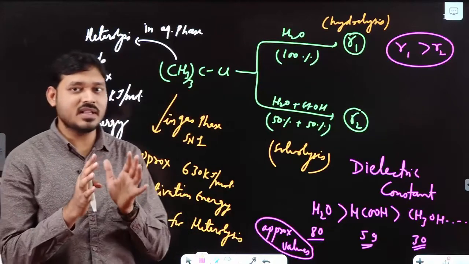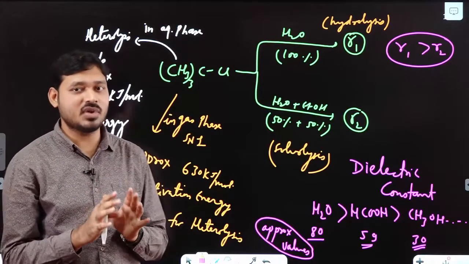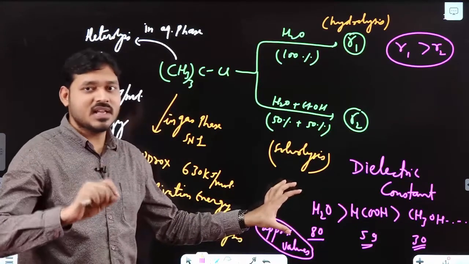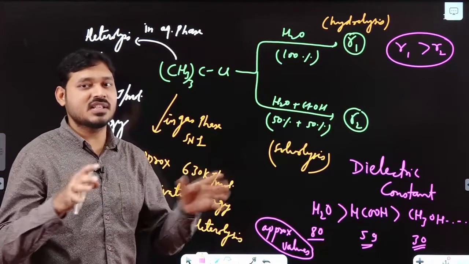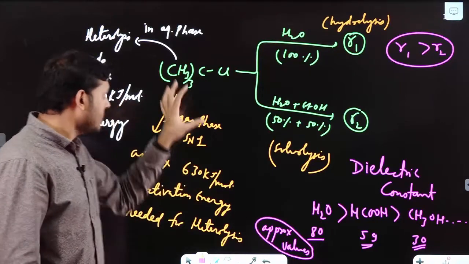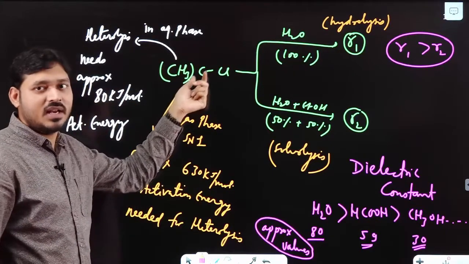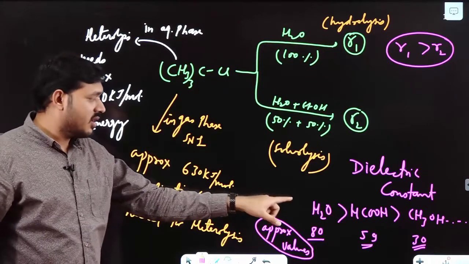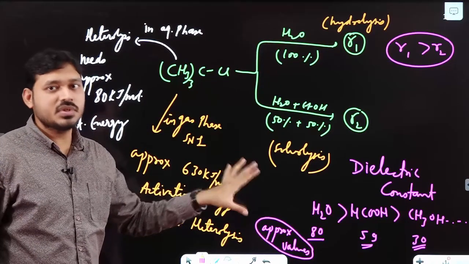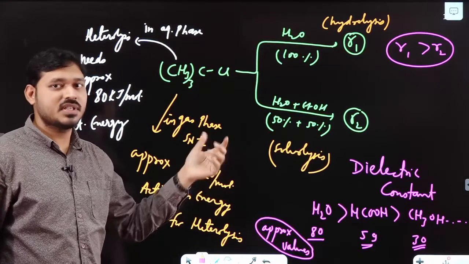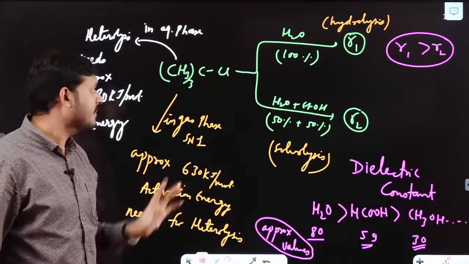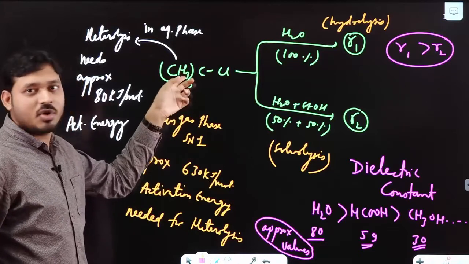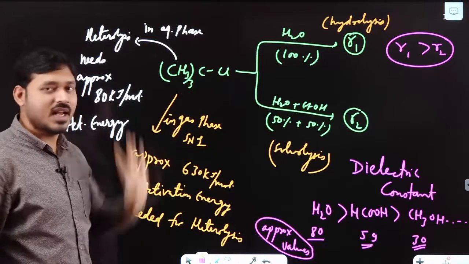Now water has the highest dielectric constant. What is dielectric constant? It is simply said as the power to neutralize the charge separation. You have generated carbocation and Cl minus leaving group. Now this water, a polar protic solvent used in SN1 reactions, which is favored by polar protic solvents only, will interact with the carbocation as well as with the anion generated.